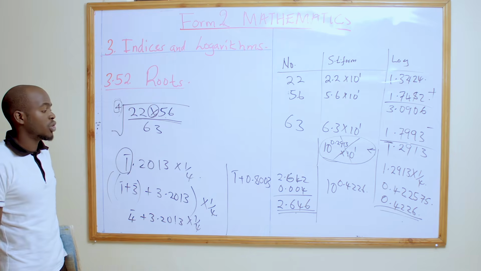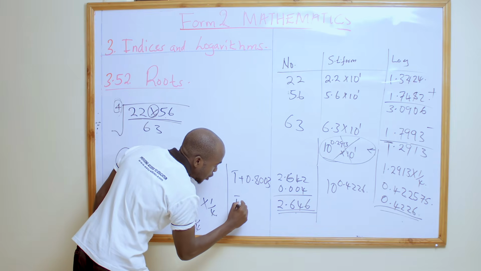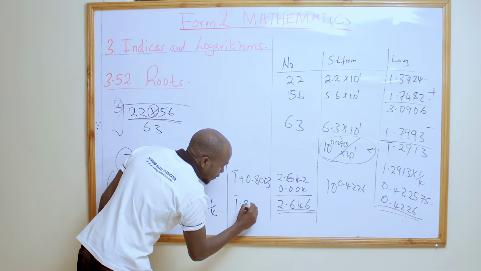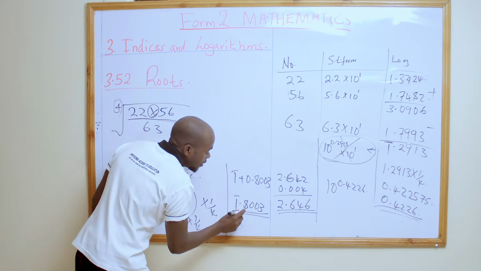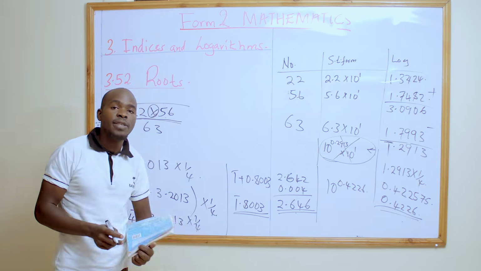So that is what you are going to have. So if you add this, you are going to get bar 1.8003.